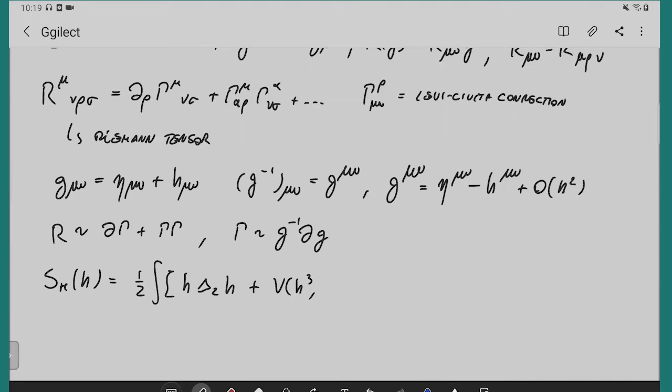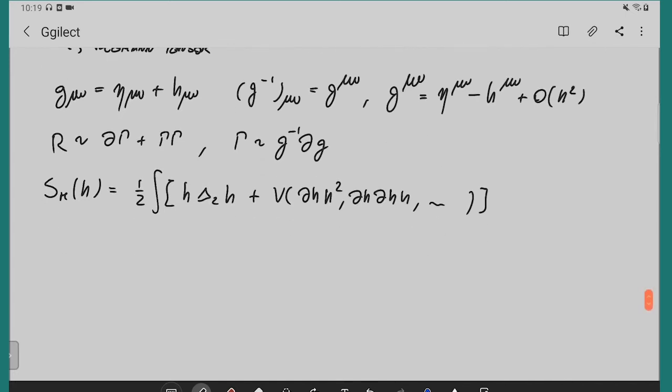So there are all derivative interactions: something like the derivative of h squared, derivative of h, derivative of h, and so on, and then all possible powers. This generates infinitely many vertices. So if you want to see it as a quantum field theory, you will have a 3-leg vertex, 4-leg vertex, 5-leg vertex, and so on.